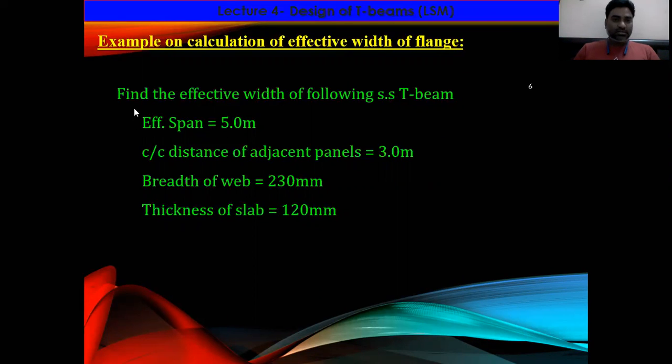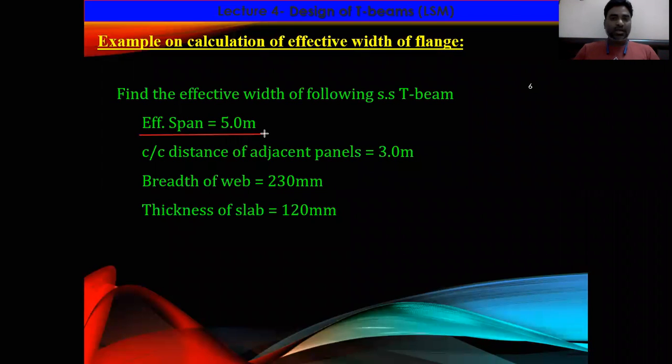So here the problem is to find the effective width of the following simply supported beam of effective span 5 meters, the center to center distance of adjacent panels is 3 meters, the width of the web is 230 mm and the thickness of slab is 120 mm.